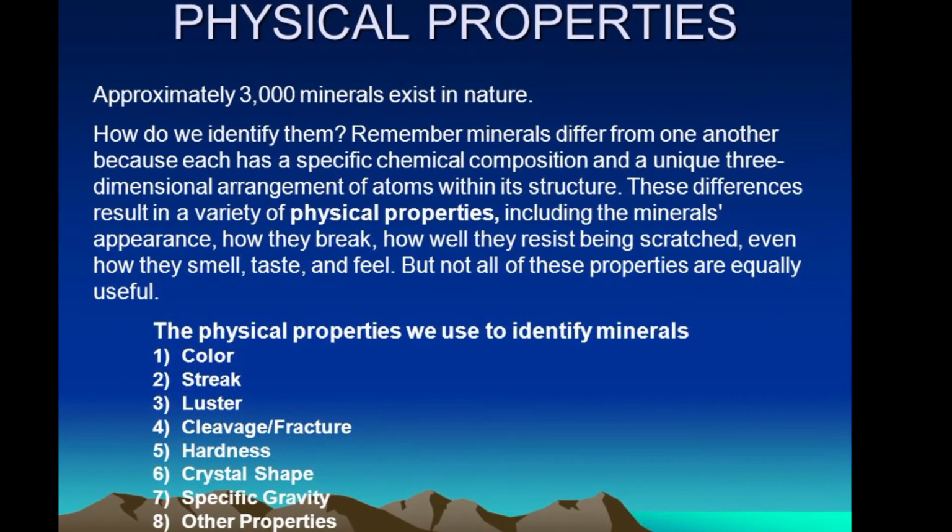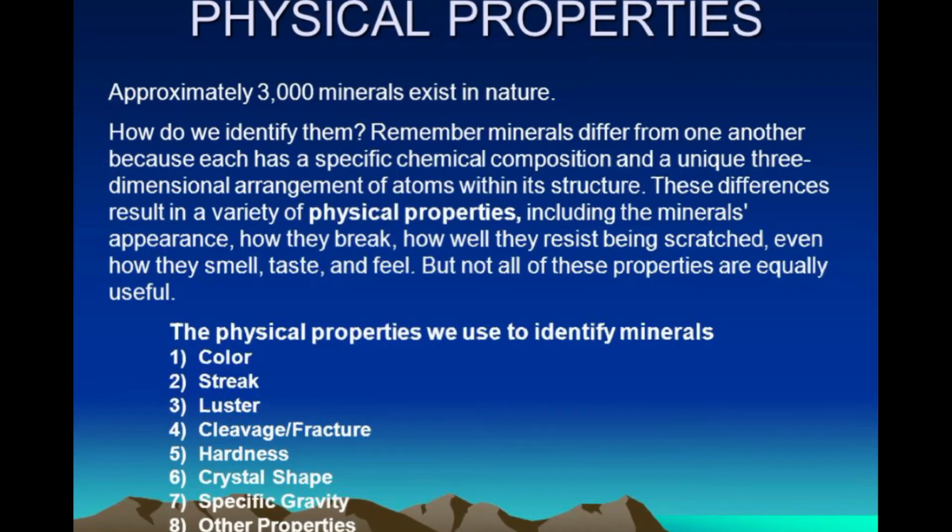These differences result in a variety of physical properties, including the mineral's appearance, how it breaks, how well it resists, how well it can be scratched, how it can be molded, what kind of smell and taste it can have, and how we feel when we hold or touch it.